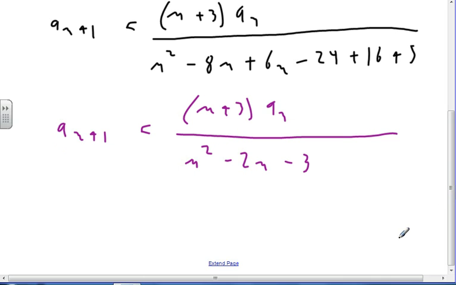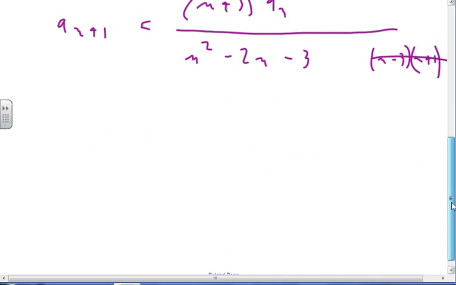Boy, it really would have been better to have a plus 3 there, wouldn't it? See, this is going to factor (n-3)(n+1), and I can't get rid of any of my terms. But anyway, it is what it is.